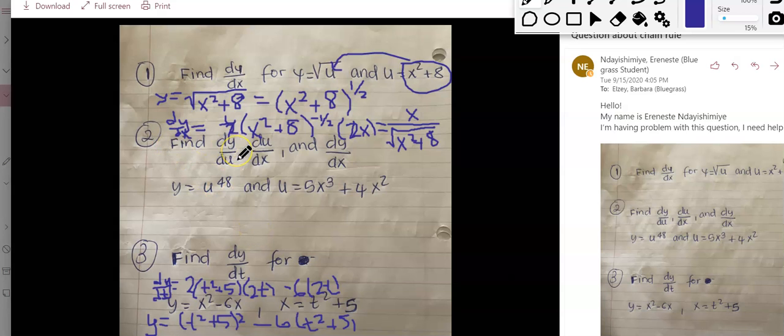Now on number 2, however, we really need 3 different things. So dy/du, you notice y and u, so we're just finding the derivative of just that. So dy/du is just going to be 48 times the front, lower the exponent.